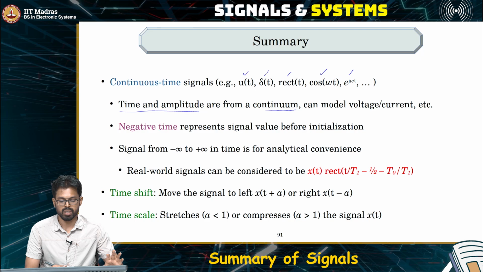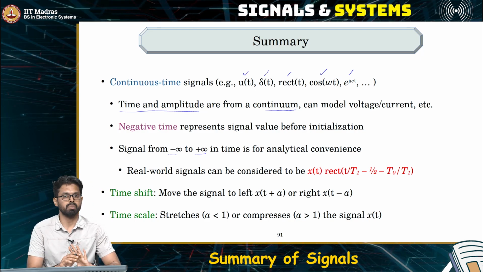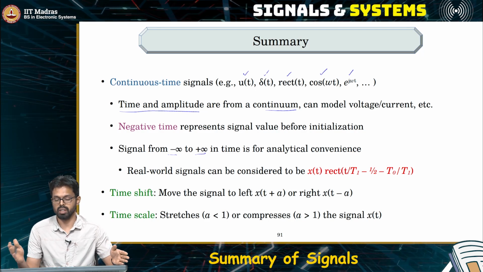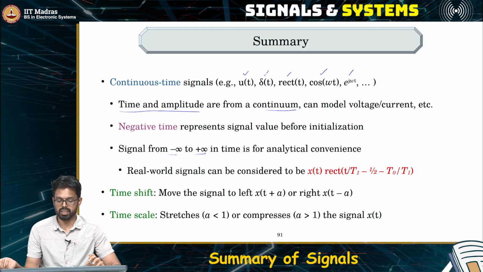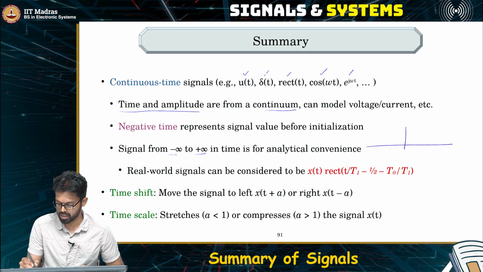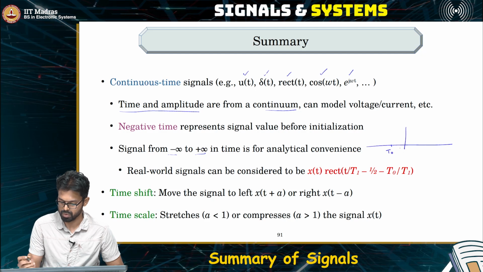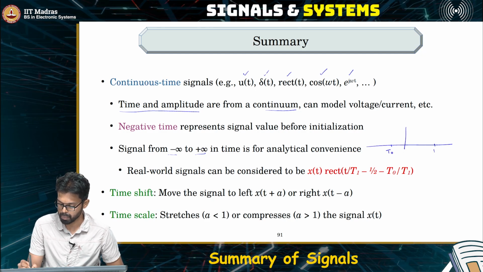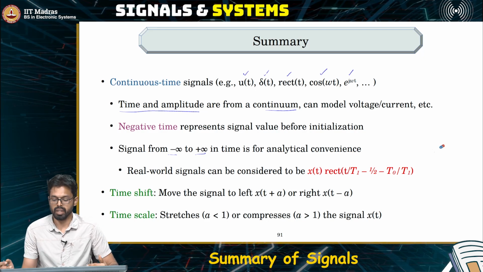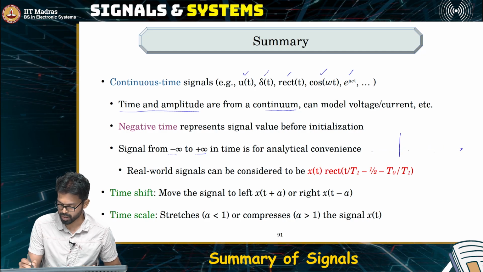And for continuous time signals, we'll say that the signal actually exists from minus infinity to plus infinity. This is purely a mathematical model. Of course, in real life, signals exist only for a finite period of time, which means a signal exists from, let's say, time t0 to t1.